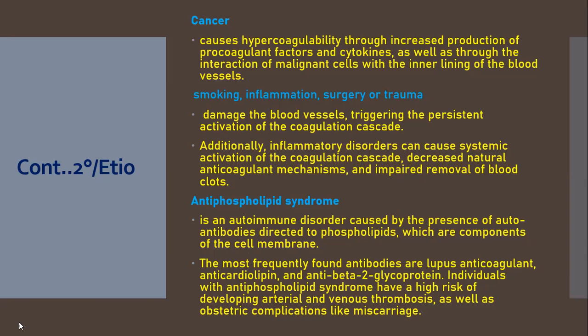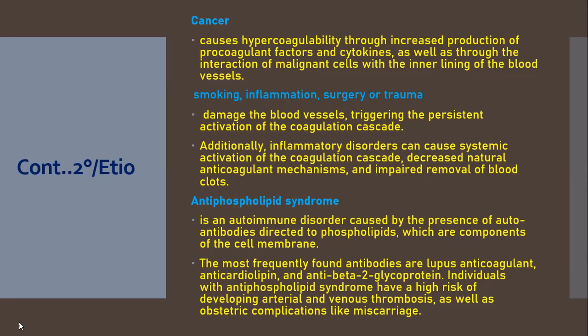And antiphospholipid syndrome is one of the autoimmune disorders caused by the presence of autoantibodies directed to phospholipids, which are components of the cell membrane. And most frequently, lupus anticoagulant, anti-cardiolipin, and anti-beta-2 glycoprotein are the antibodies found within this syndrome.